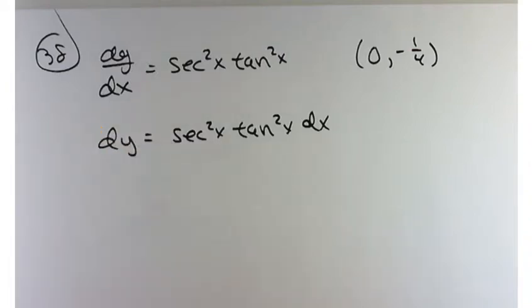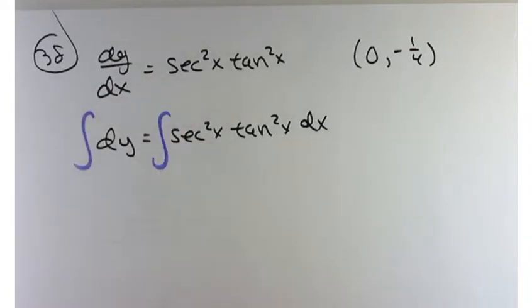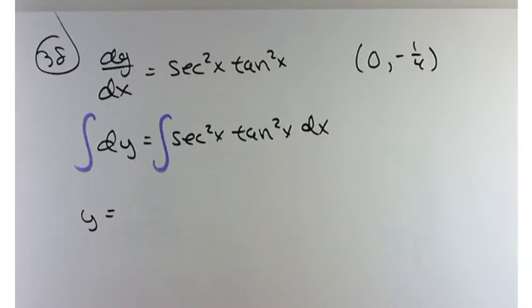I'm going to integrate this one on both sides. So here and here. On the left-hand side, of course, I'll get a y. But on the right-hand side, I got to slow down a little bit because I don't know how to directly integrate this thing, but this one's set up pretty nice for you. Can anyone see why?